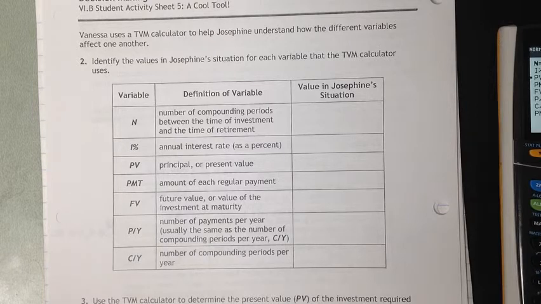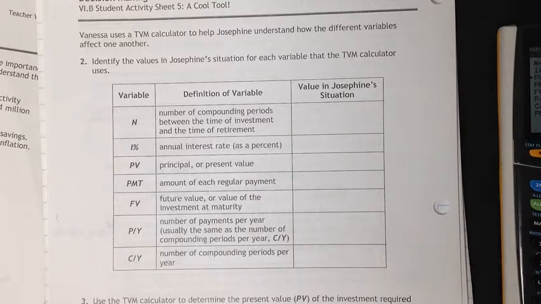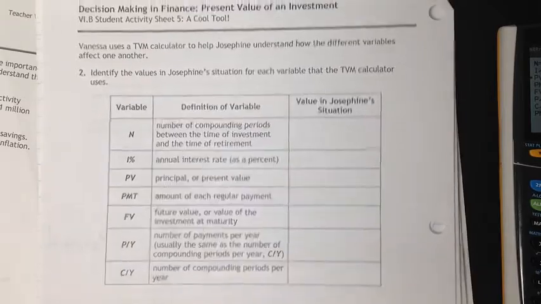Find the present value of the investment required. How does this amount compare to student activity sheet number 4? It should be the same number. I don't remember what we got, but yes, it should be the same amount.